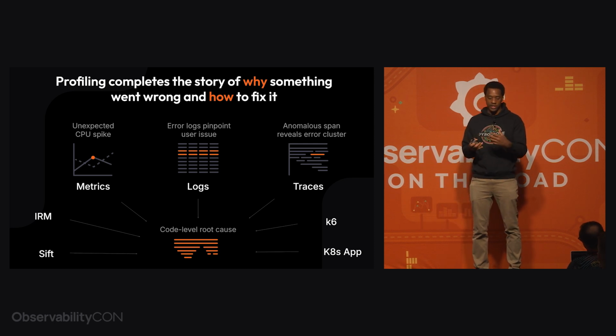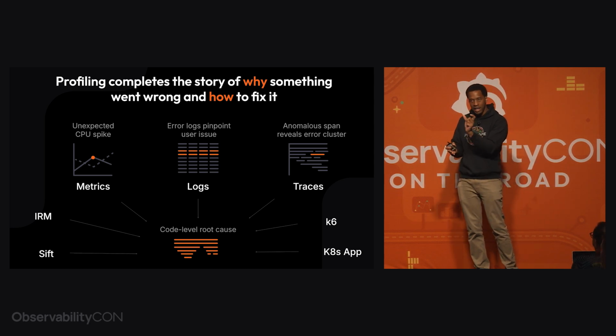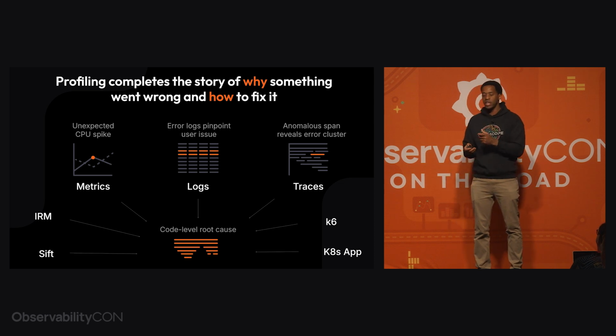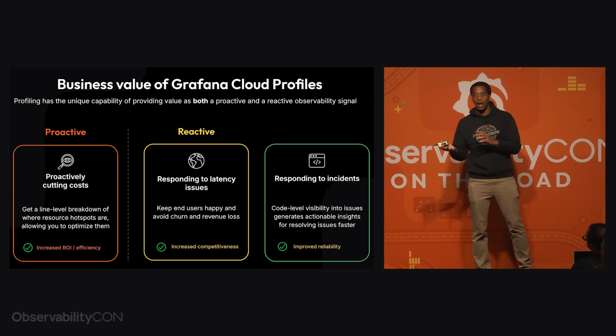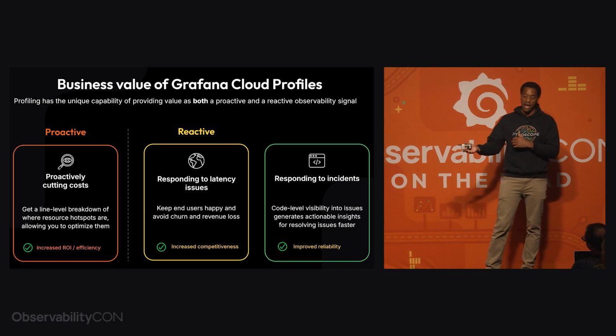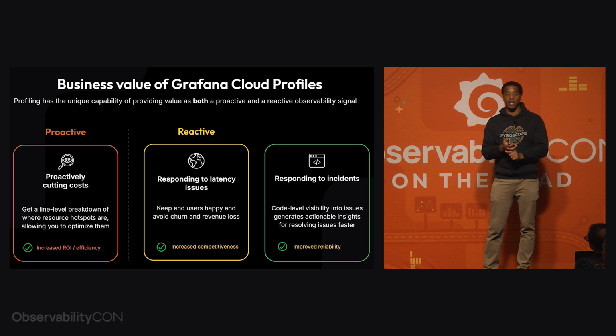And so whether that's metrics, logs, traces, K6, Kubernetes, IRM, whatever it is, profiling always gives you just one level deeper, that last 20% that you need to actually resolve the issue. The other outcome of that is that you can be both proactive and reactive with profiles.